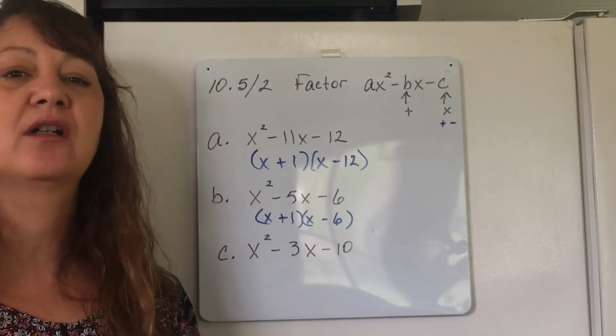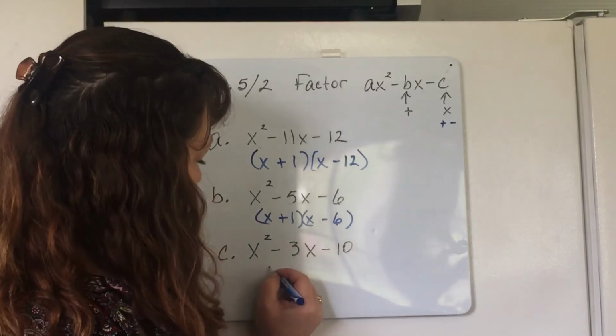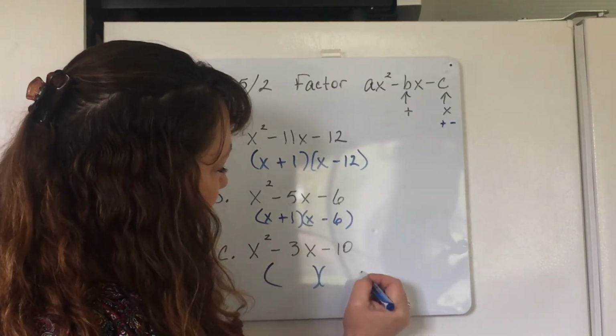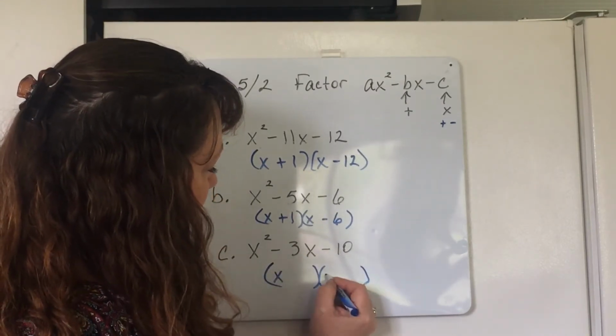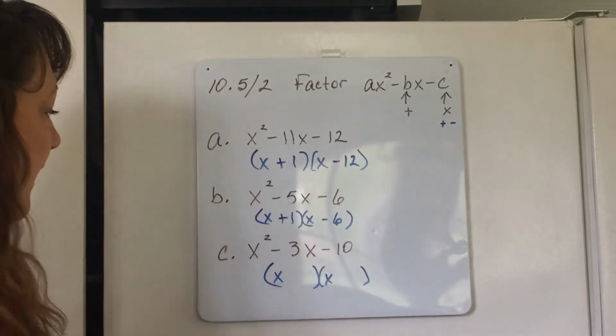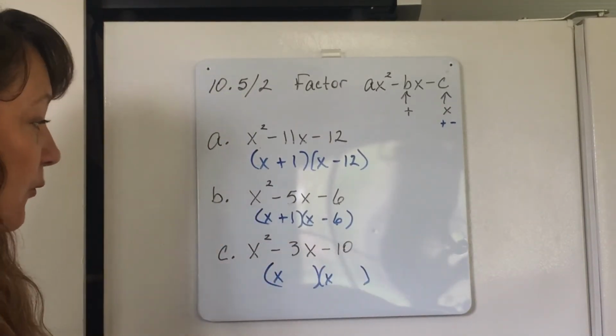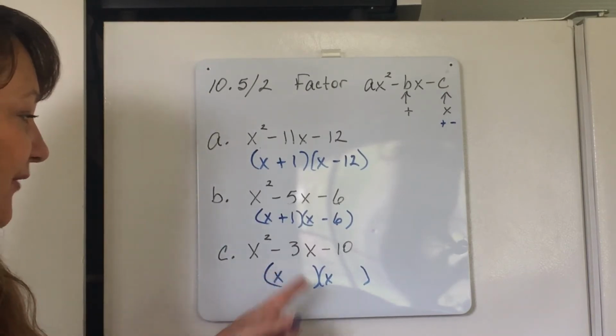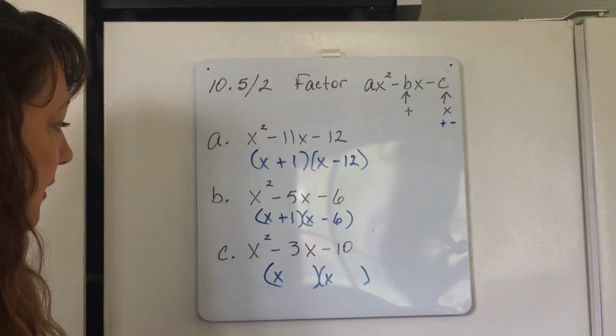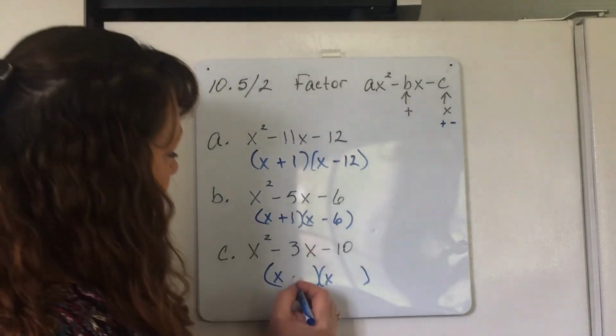Let's do one more just to make sure. I'm going to factor that out into binomials. And I'm going to think, what multiplies to get me 10? Well, 10 and 1, but I can't get 3 out of that. How about 5 and 2?